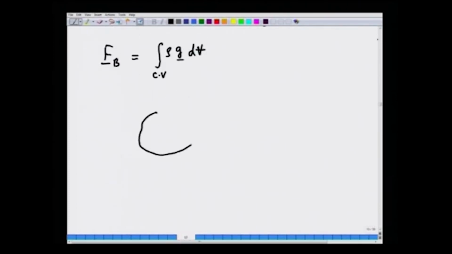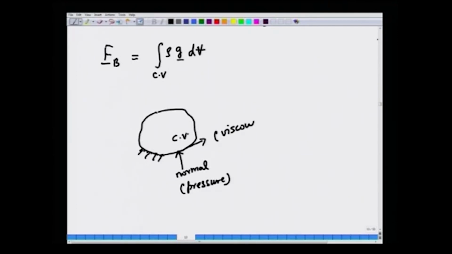Suppose you have a control volume. There can be forces that are exerted on the surface, and these forces can have a normal component as well as a tangential component. The normal component is usually due to the pressure, whereas the tangential component can be due to viscous shear stresses.